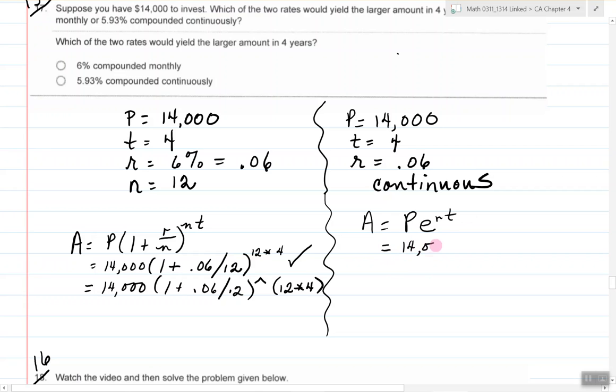So this is 14,000 e, you don't have to put a times sign, but I guess you could, raised to the r, which is 0.06, times time, which is 4. My calculator, it will look like that. Some calculators, it will look like e, and there will be the house top. You must use parentheses 0.06 times 4. So mine will look like this.